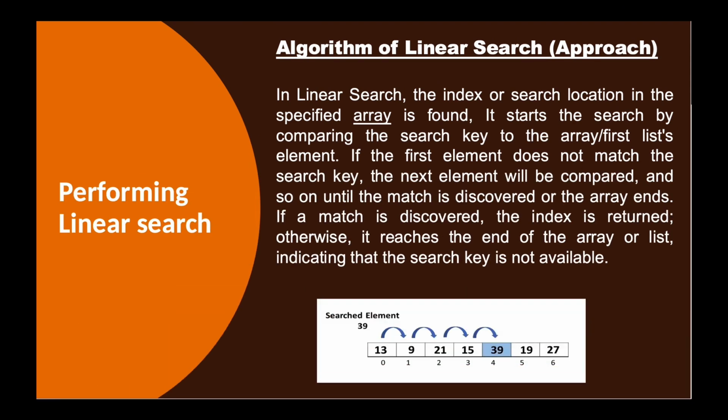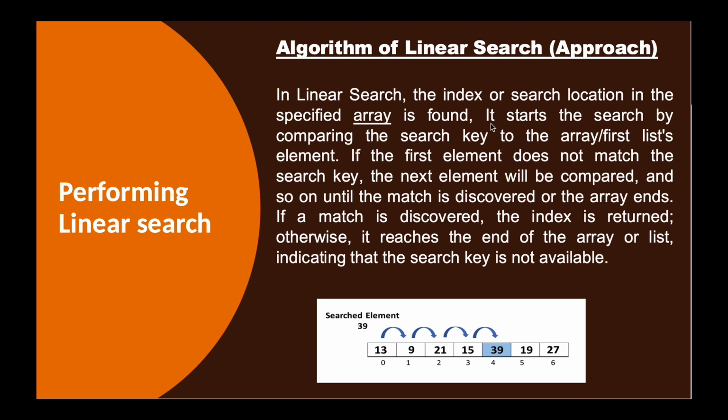Performing linear search. Algorithm of linear search approach. In linear search, the index or search location in the specified array is found. I always say that the index makes sure that you locate the elements that you are looking for in the search array.